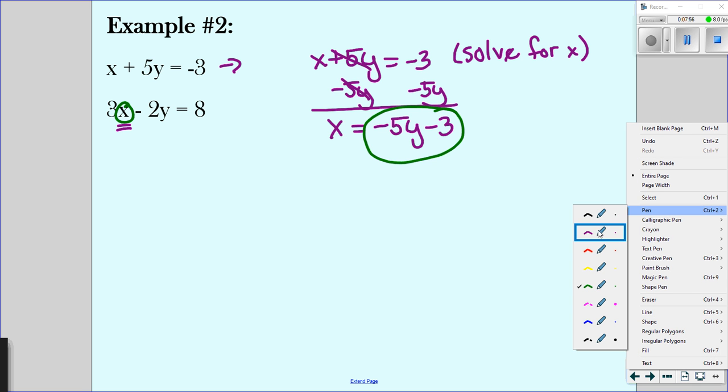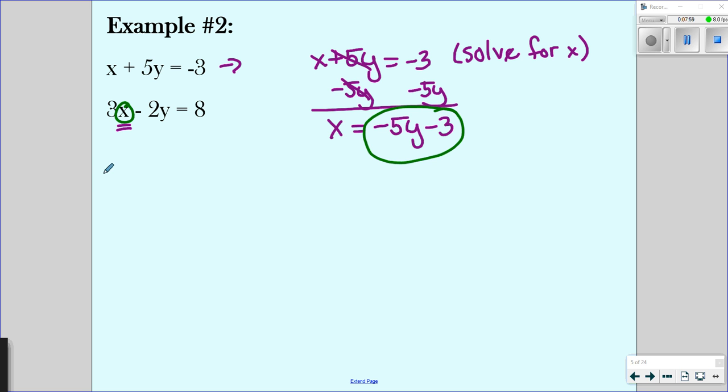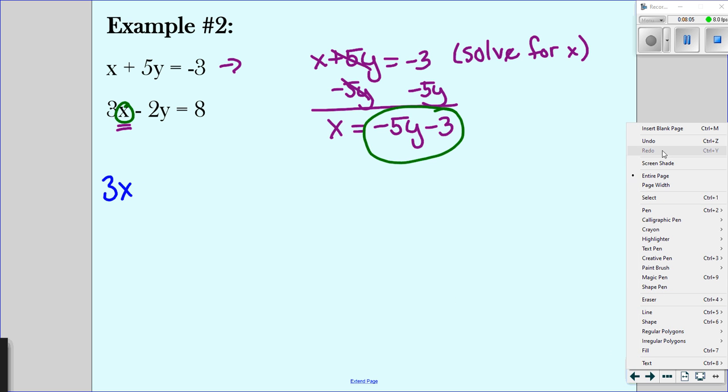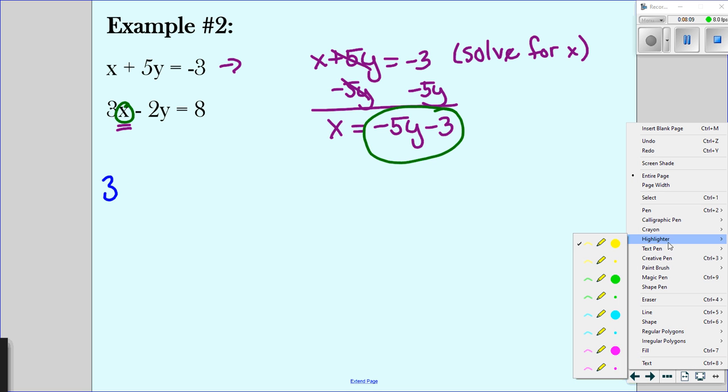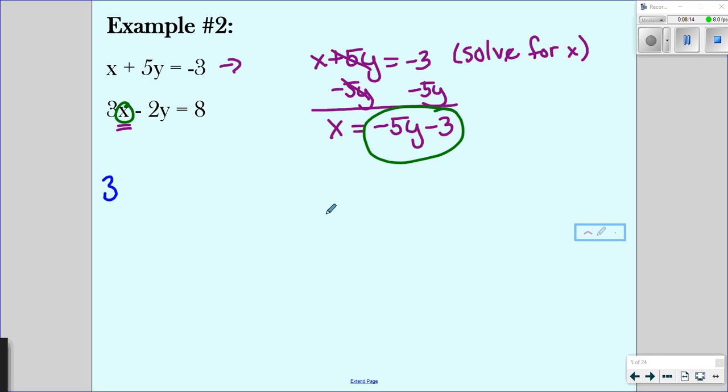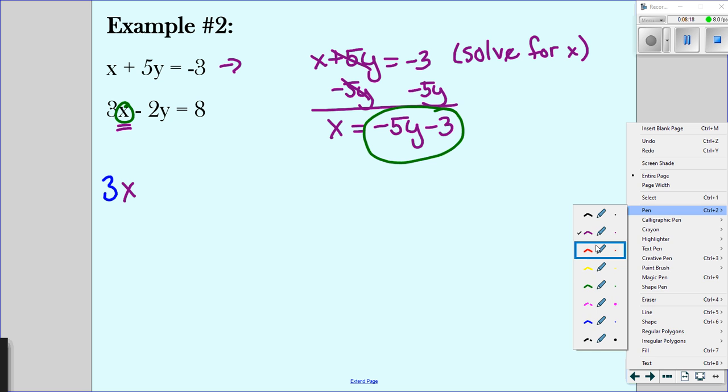So I'm going to take the second equation. I'm going to change that to purple. Yeah, purple, so that way there's some consistency.